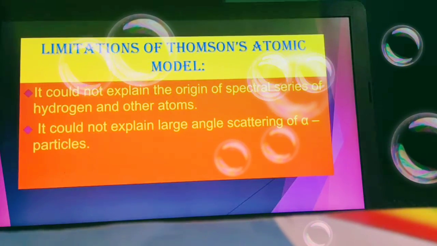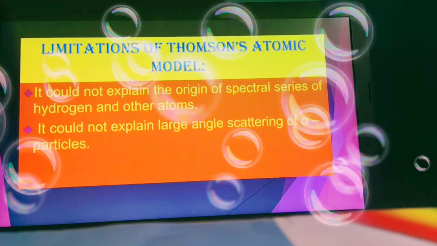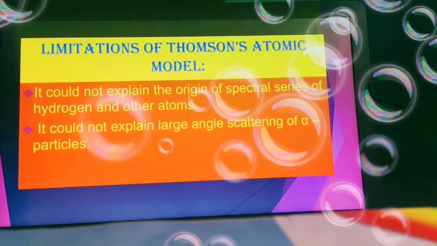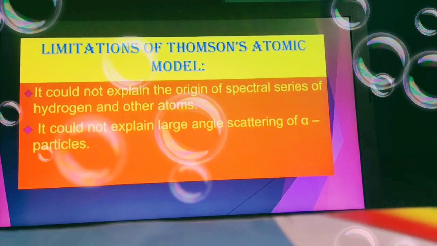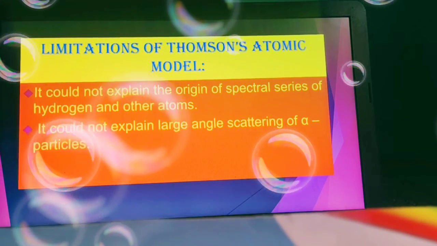Next one is the limitations of Thomson atomic model. The first limitation is it could not explain the origin of spectral lines of hydrogen atom and also other atoms.